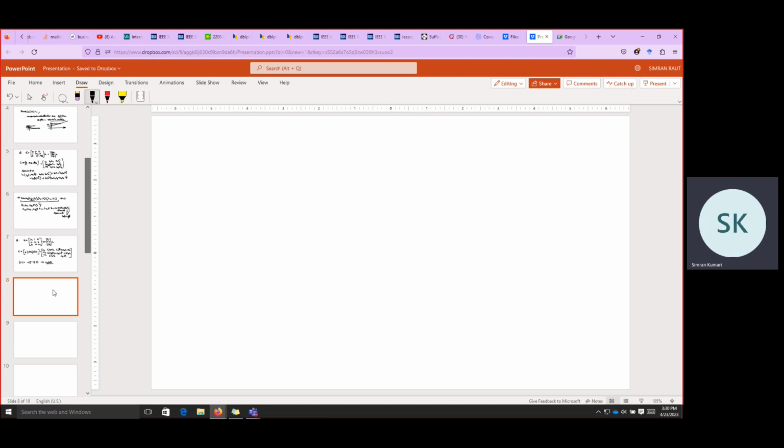Now we'll deal with the third form, the standard form, which is the controllable canonical form, and we'll see what is the condition for a system in this controllable canonical form to be controllable.